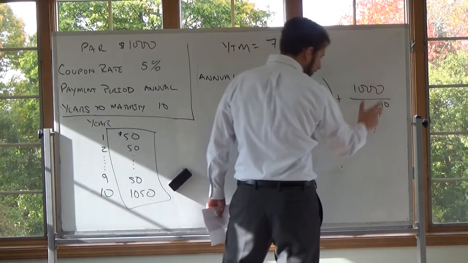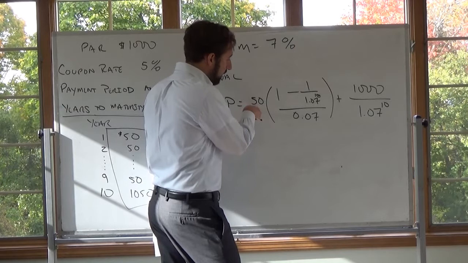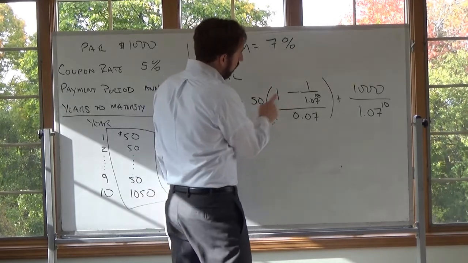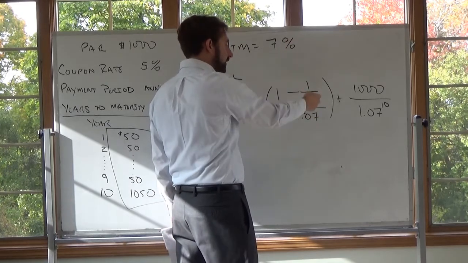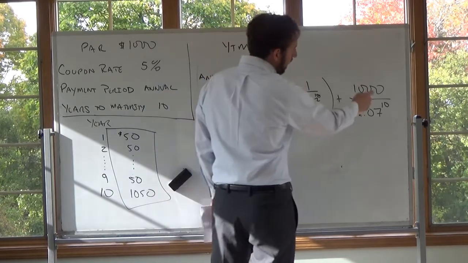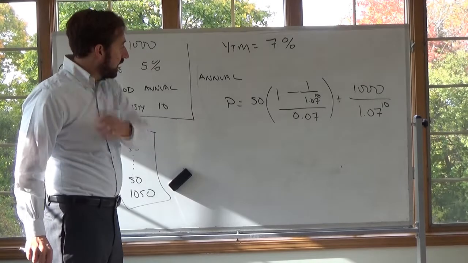This is our par value principal. The idea here is a $50 payment per period, which is annual payments at the end of the year, times 1 minus 1.07, our discount rate, to the 10th power. So this is the present value of an annuity, and then discount the par value back 10 years at 7%. Right?